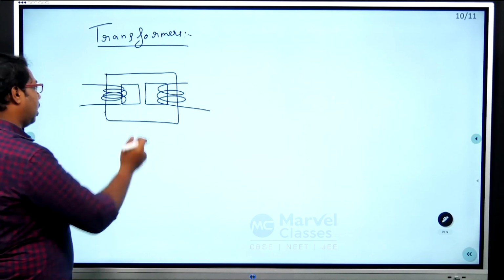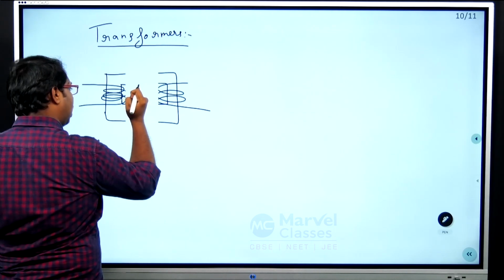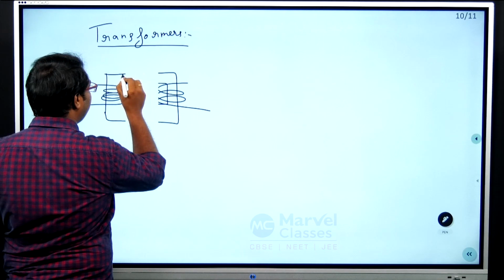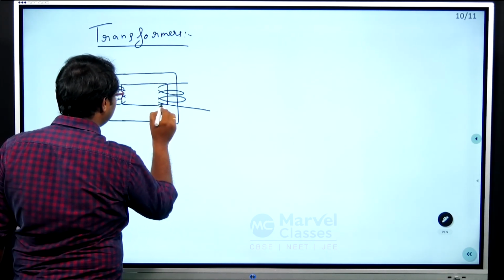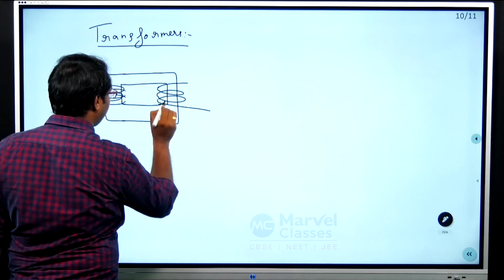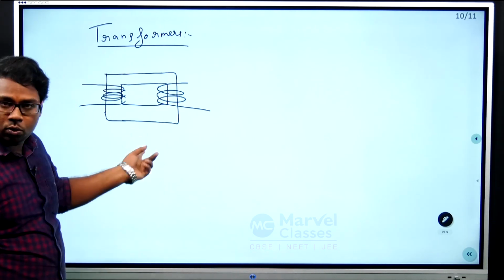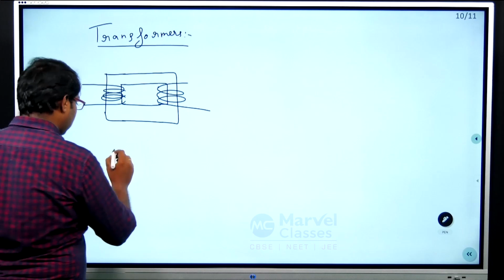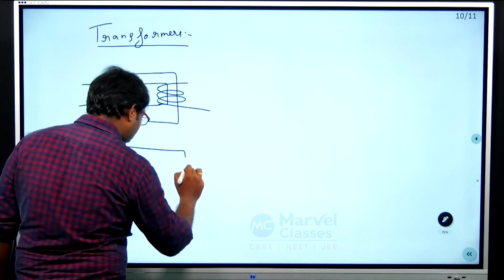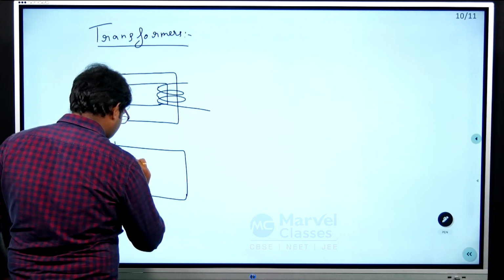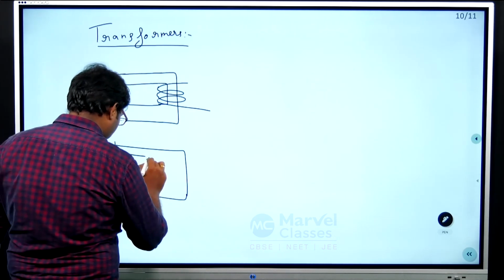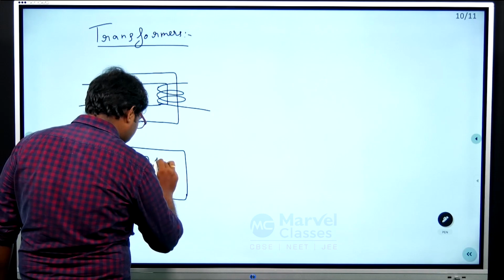At the center everything is left free. This is one type of transformer. In the other type of transformer, both the coils will actually overlap each other like this.